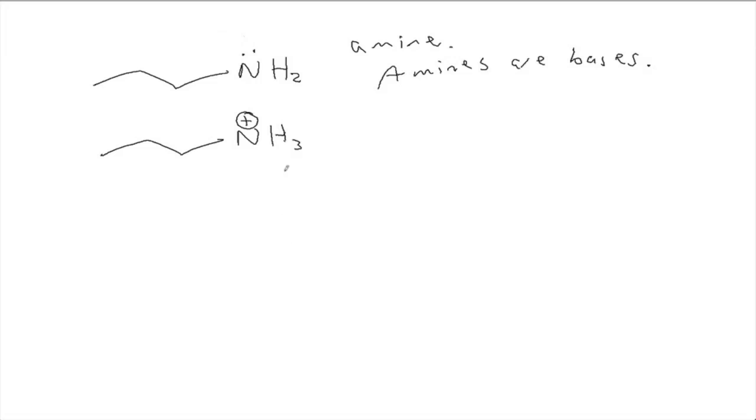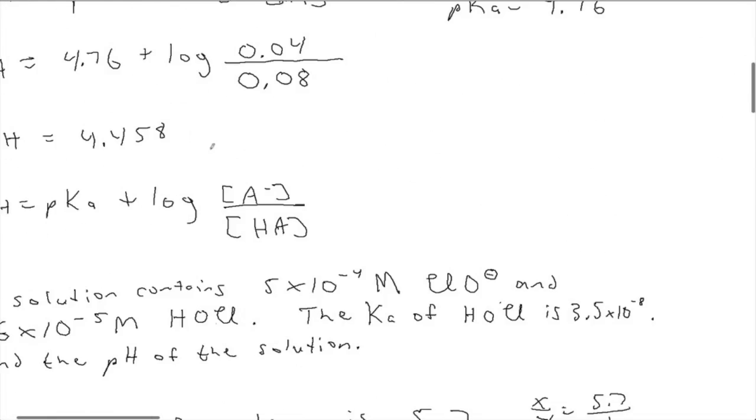Okay, so is this the protonated or deprotonated form? That is the deprotonated form. And what's its charge? Neutral. And is this the protonated or the deprotonated form? Protonated. And what's its charge? Positive. You see how this is different from the earlier examples that we did.